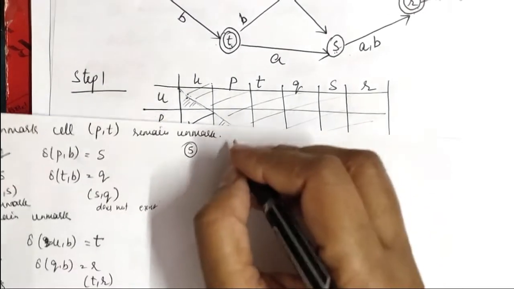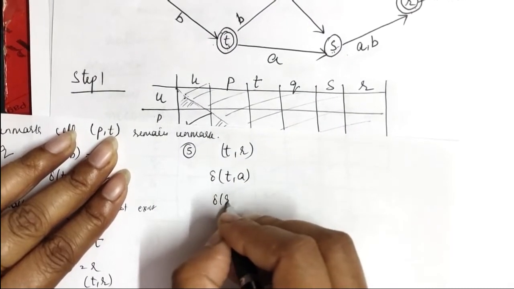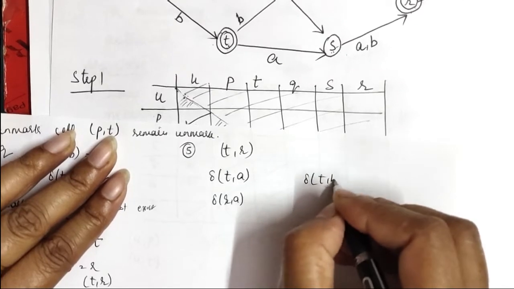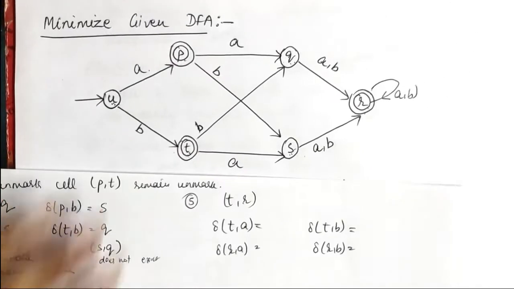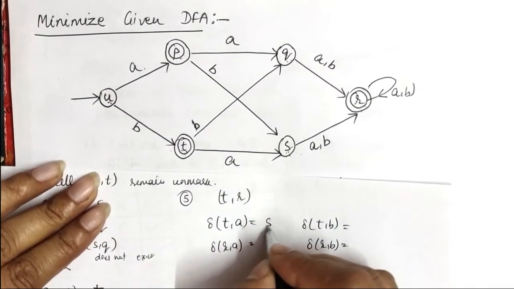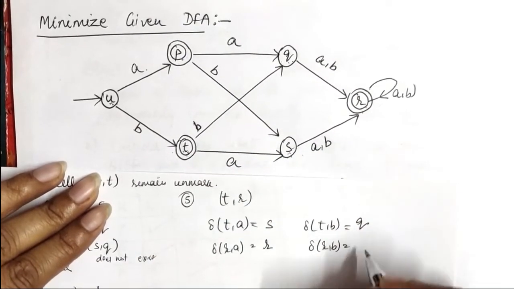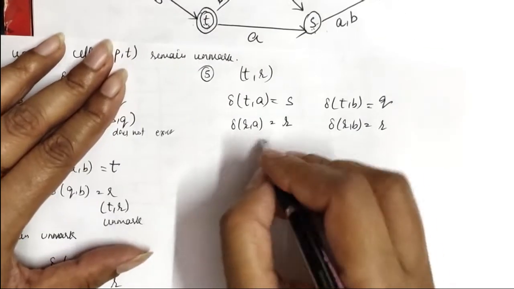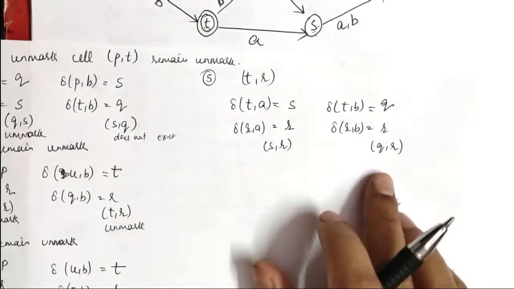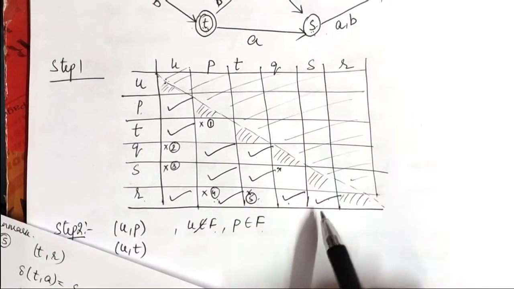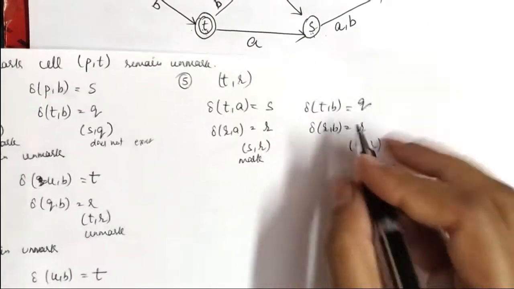Now we check the transition values: T comma A and R comma A, T comma B and R comma B. T with small a gives S, R with small a gives R, T with small b gives Q, and R with small b gives again R. So the resulting pair becomes R comma S and Q comma R. Now check in the table: S comma R is marked, and Q comma R is again marked.